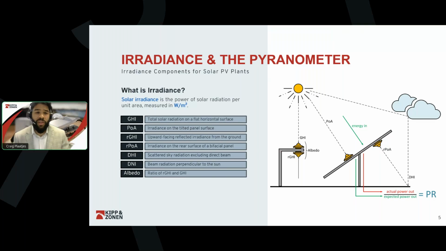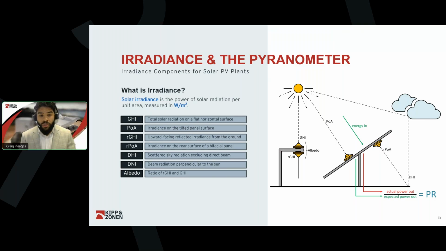For solar PV modeling and performance monitoring, we need to measure irradiance across multiple surfaces. There are two very important ones. That is global horizontal irradiance, or GHI, which is the total radiation arriving on a horizontal surface. And then plane of array irradiance, or POA, which is the radiation arriving at the tilted surface of a PV module.